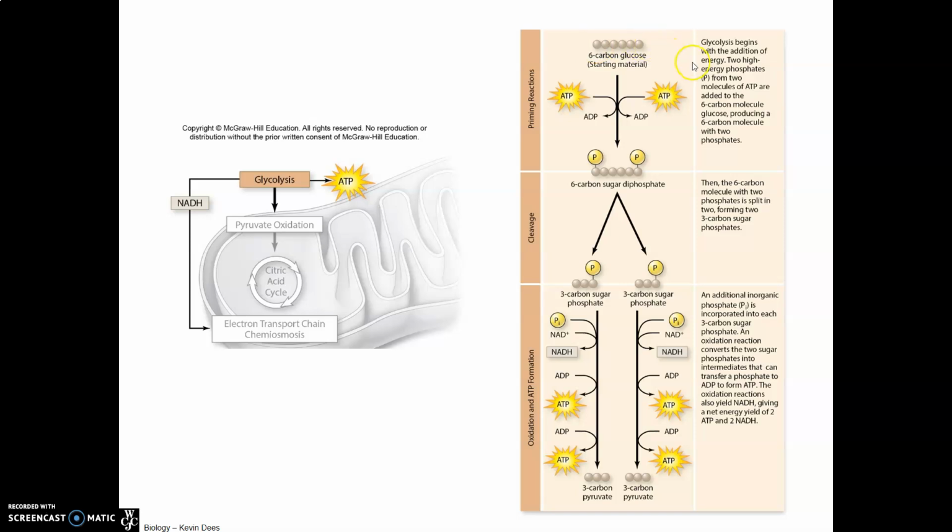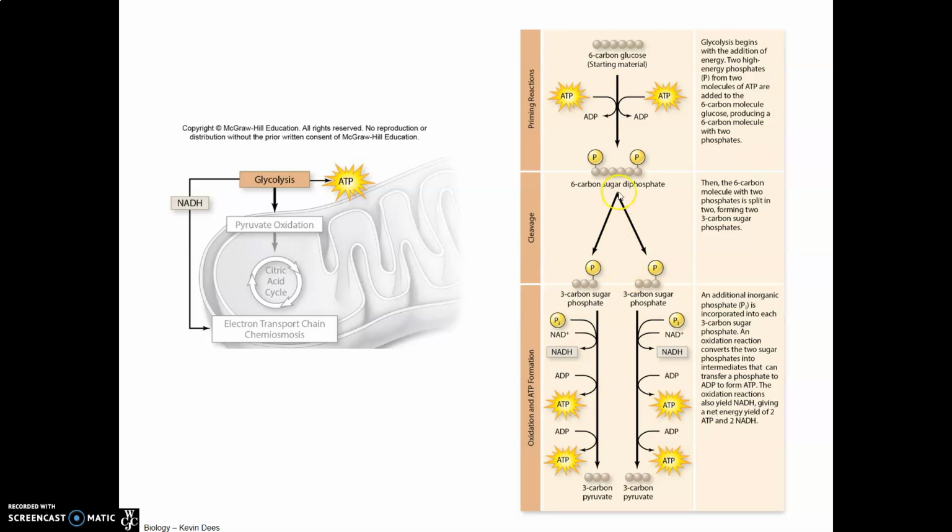And so during our energy investment phase, we're going to take 2 ATPs and pull the phosphates off of them. The phosphorylation of this 6-carbon sugar by adding the phosphate on either end primes this molecule to be cleaved or to be split in half.